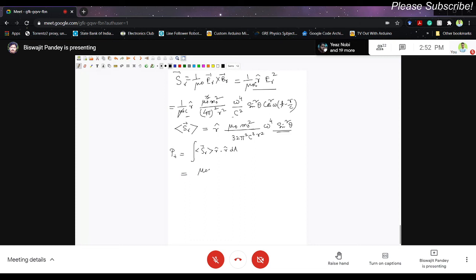Mu 0 m0 square omega to the power 4 divided by 32 pi square c cube into 4/3 into 2 pi. This gives us mu 0 m0 square omega to the power 4 divided by 12 pi c cube. This is the total power radiated by an oscillating magnetic dipole.